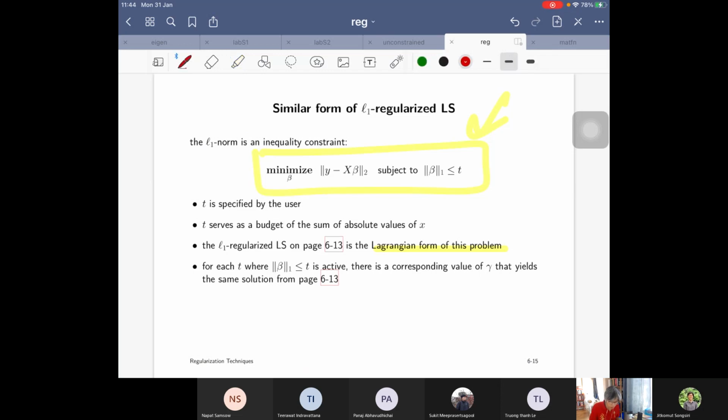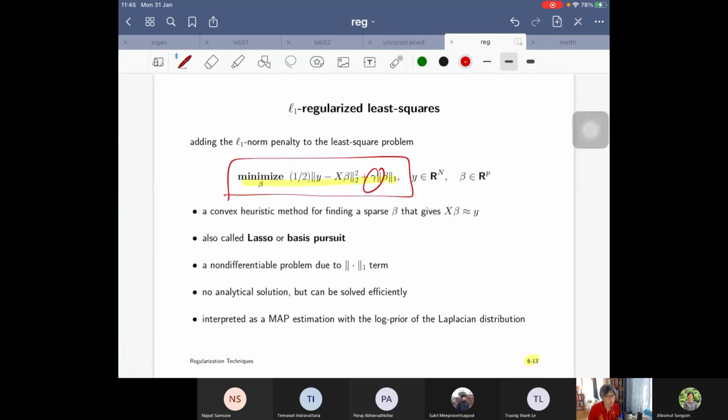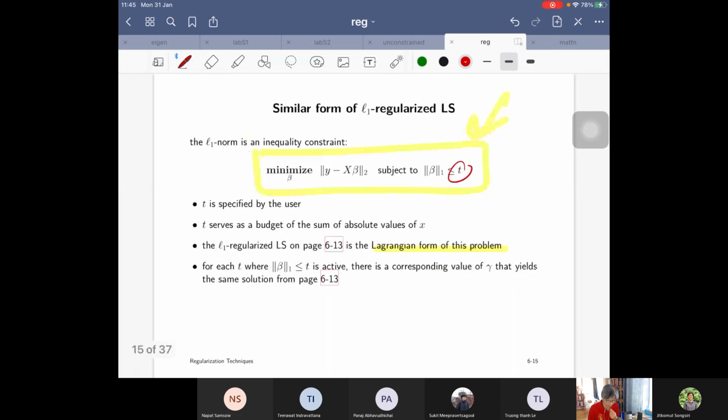The parameter t in this problem and the parameter gamma in that problem have some correspondence relationship, but they are not the same values.